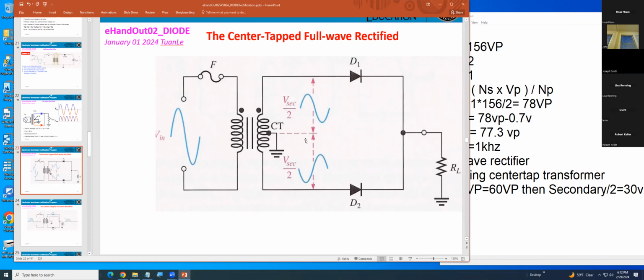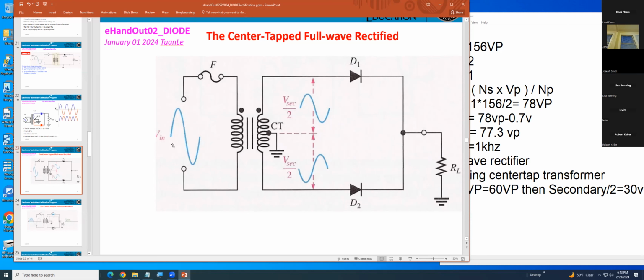Now, there's a picture with a little more detail. Okay, this is still a center tap transformer. You get input here, primary. However, the output in here, you see one going to secondary divided by 2, and another one will be secondary divided by 2.